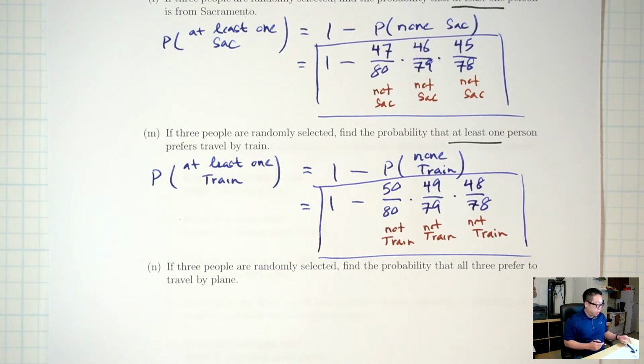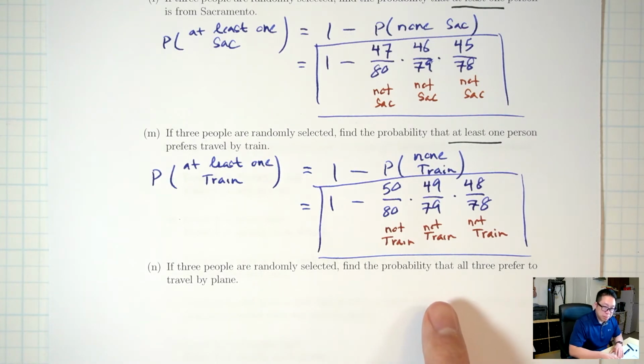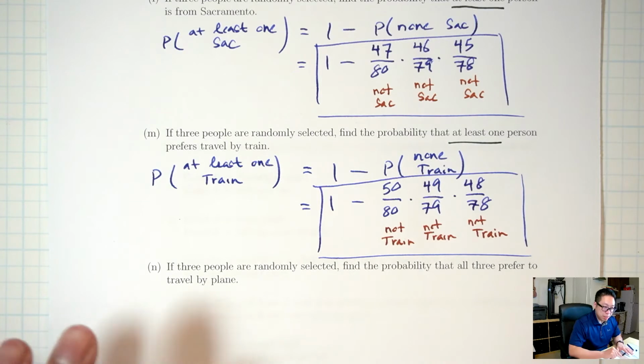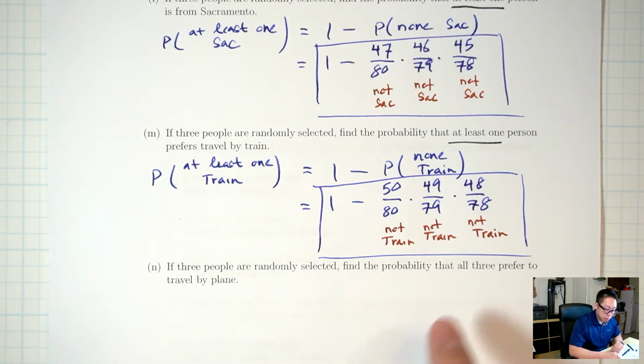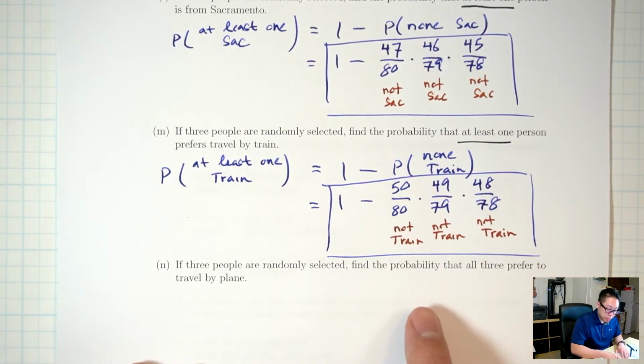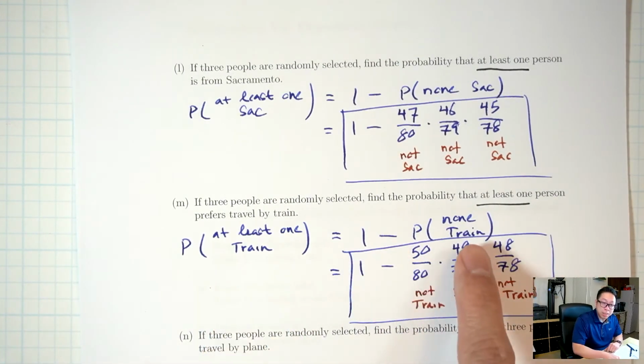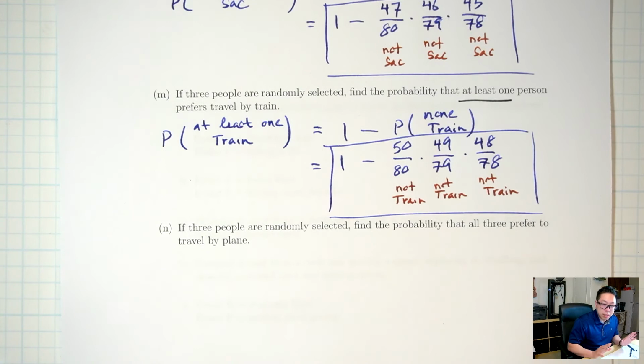Part N. If 3 people are randomly selected, find the probability that all 3 prefer travel by plane. Okay, notice that. Do you see at least one anywhere in that sentence? No, right? So I don't see at least one, so you're not going to set this up as 1 minus none. If it doesn't have at least one, this will be the same as on the previous page.